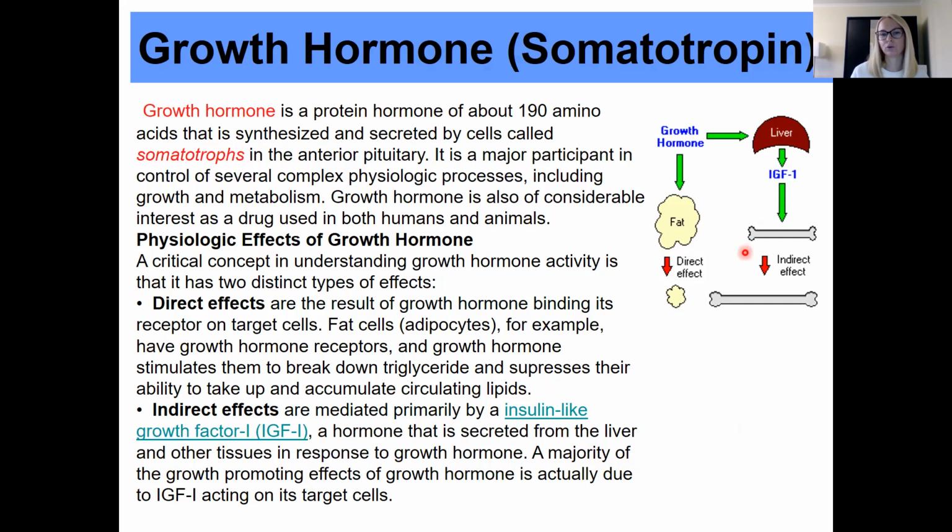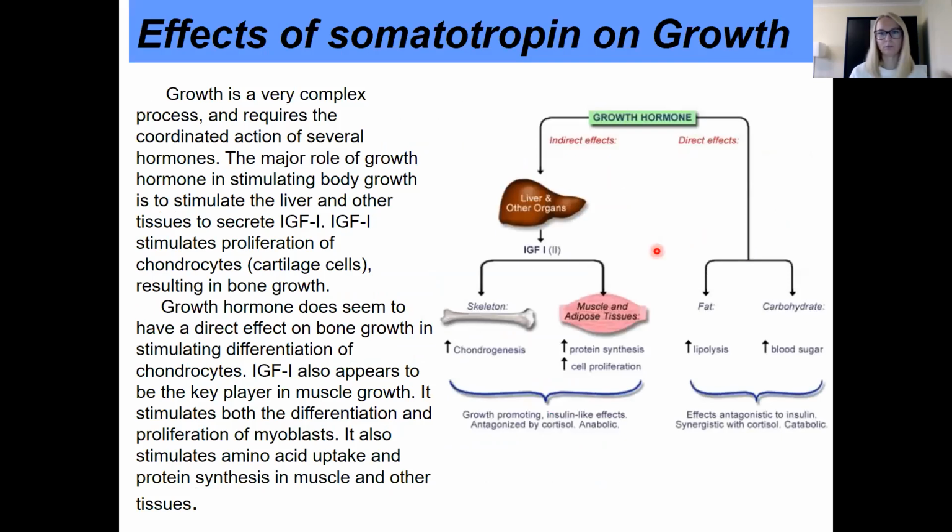A majority of the growth-promoting effects of growth hormone is actually due to insulin-like growth factor 1 acting on its target cells. So here you have a picture representing these indirect and direct effects.